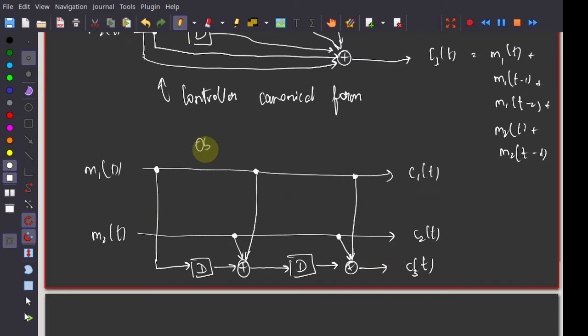So this is called the observer canonical form. And both of these are terms which come from control systems, by the way. Observer canonical form and controller canonical form. And of course, all of these have roots in filters and control systems. So we're basically using ideas from signal processing and control systems and trying to use them to design codes.